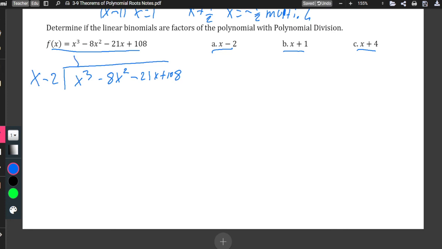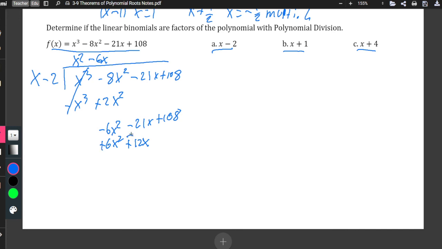So we'll get x squared. When we do that, we'll get x cubed minus 2x squared. Flip the signs. Our first ones cancel out. And we'll get minus 6x squared minus 21x plus 108. So this has to be 6x. So we'll have minus 6x plus 12.